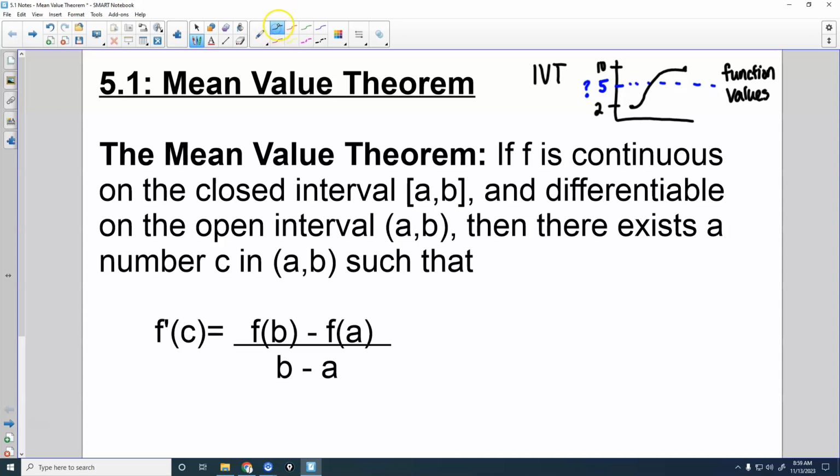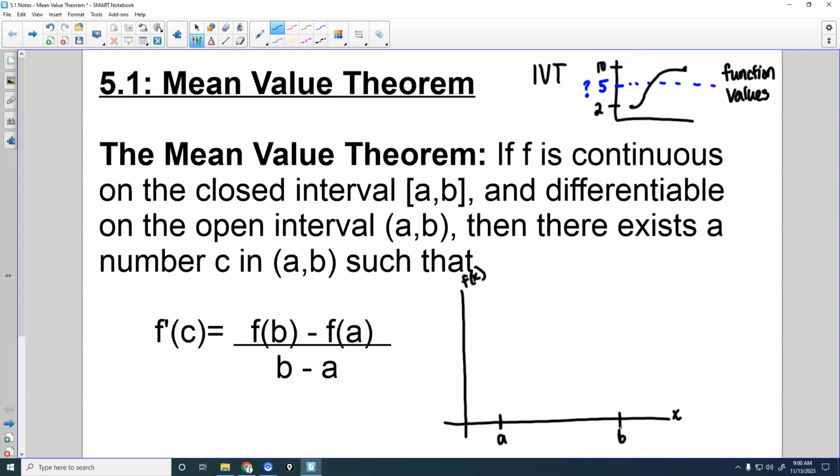So if we draw ourselves out a graph here, and here is our x-axis, and here is our f of x axis, then I'm going to put on my x-axis a point A and a point B over here.